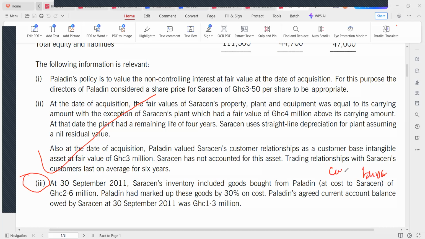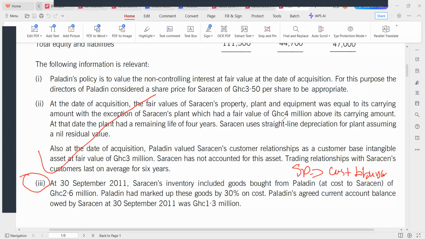So cost to the buyer is the same as selling price. Paladin had marked up these goods by 30% on cost.